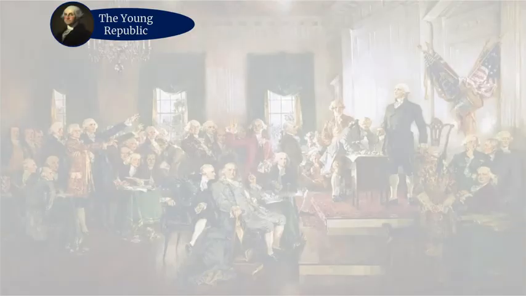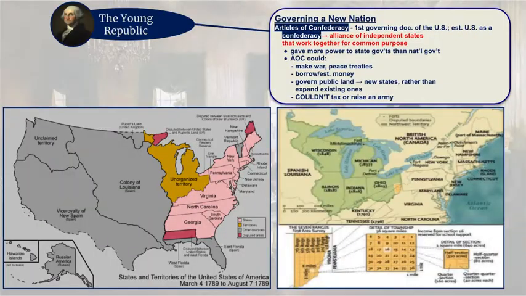So first thing we're going to talk about is how we start to govern ourselves after we gain independence. And the very first governing document was not the Constitution, it was the Articles of Confederation. It establishes the United States as a confederacy, not to be confused with the Civil War Confederacy, although there are some similarities.